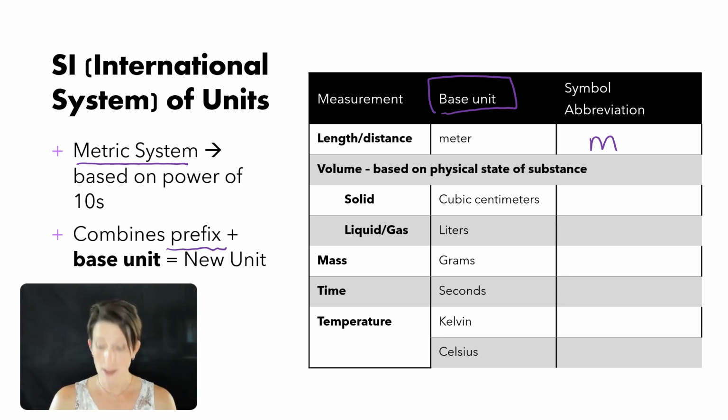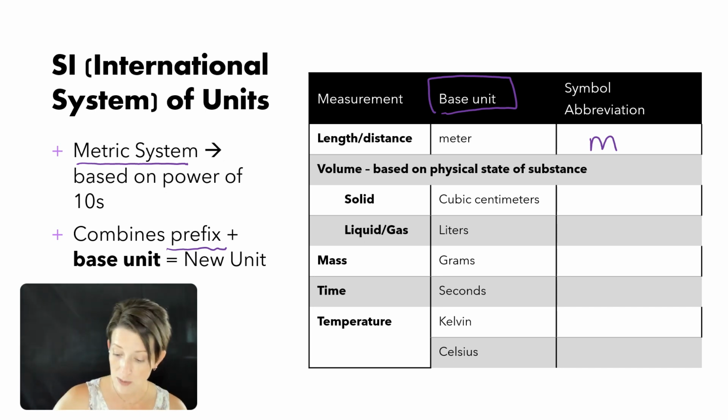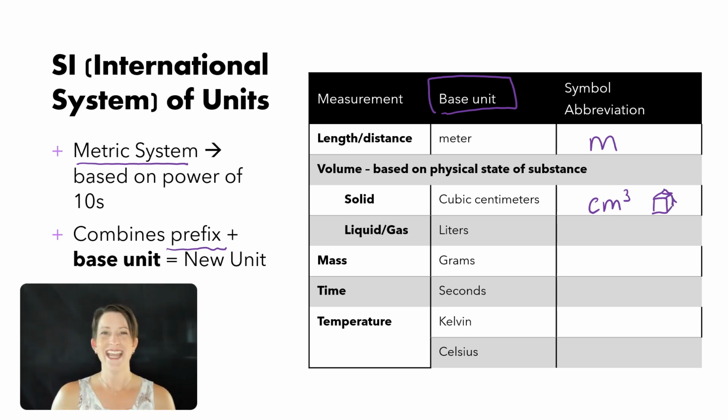For volume, we are looking at solids. So solids can be measured by what's called centimeters cubed. It's where we take the length, base, height, and find that volume, and we can measure all those by centimeters cubed.